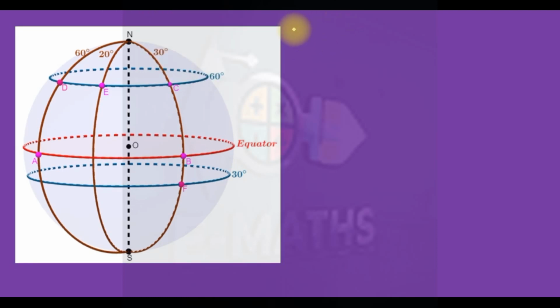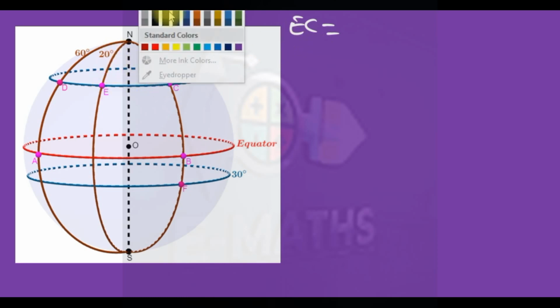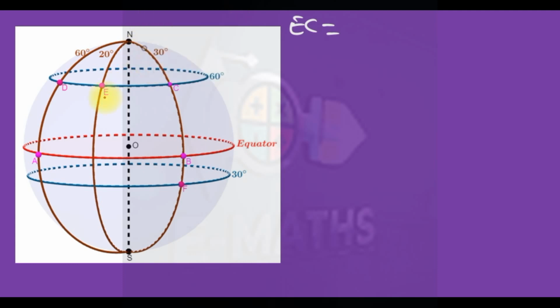So we know the distance EC along the latitude. If we connect, this is the center, this is small r, and our angle here is 20 while the angle here is 30.